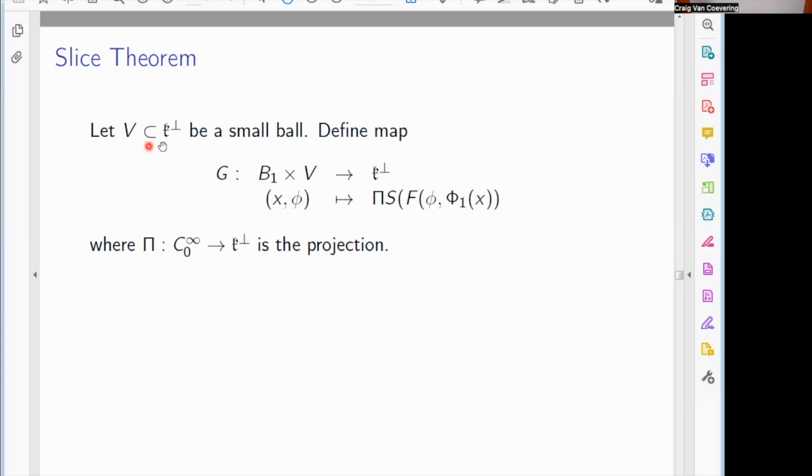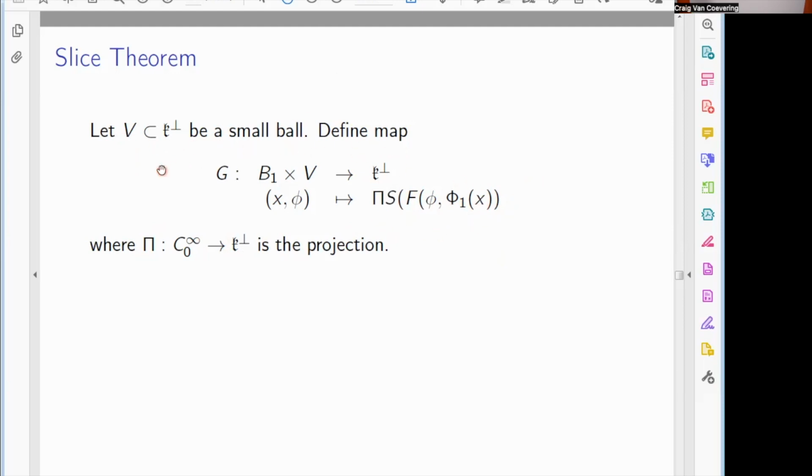So this gives you a map. I take the projection onto the orthogonal part of the Lie algebra of the Hamiltonian group, perpendicular to K. That's what pi is here, and this is the scalar curvature, which is in the Lie algebra of the Hamiltonian group.